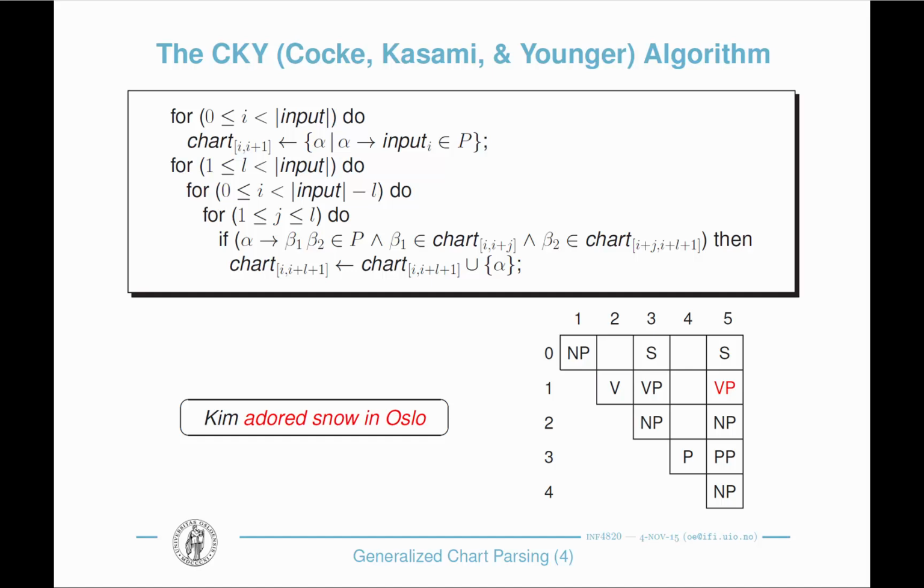We know that there is an ambiguity in this sentence. Kim adored snow in Oslo. And where does that ambiguity reside in the chart, in this table? We can't see it because we're not putting multiple entries for local ambiguity. But where is the local ambiguity?